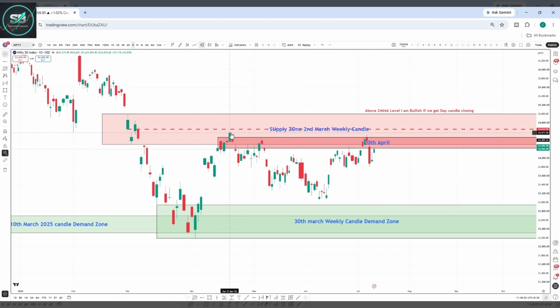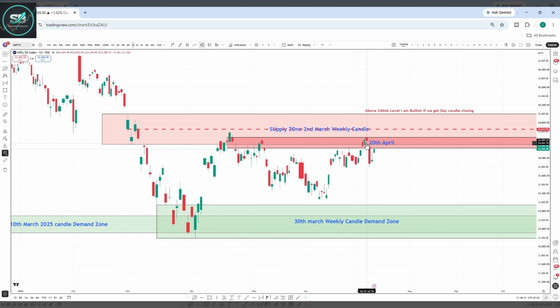Nifty failed this breakout and came down, went back, and again took rejection exactly at this base candle. Nifty gave a dip, came back, and again took rejection from this candle. So Nifty is not even able to close above the 20th April candle. So this is a supply zone on the daily time frame which I am seeing in Nifty.